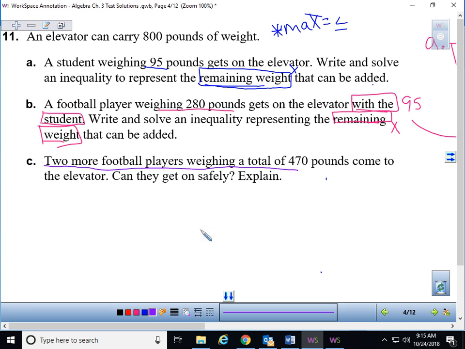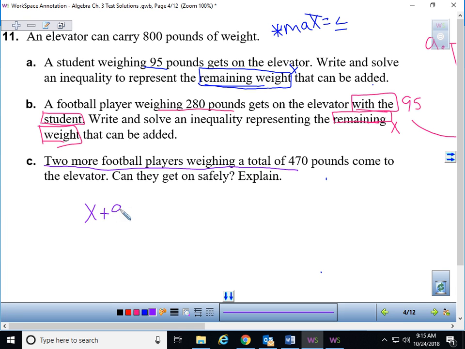The reason I'm choosing to do option 2 is, again, if I were in your spot and I was seeing this for the first time, going back to the beginning and accounting for every piece of information makes sure I don't miss anything. So let's just start with, I still don't know if there is any remaining weight, or X. I have to account for everyone who's on my elevator right now.